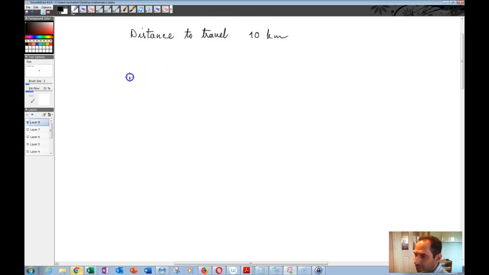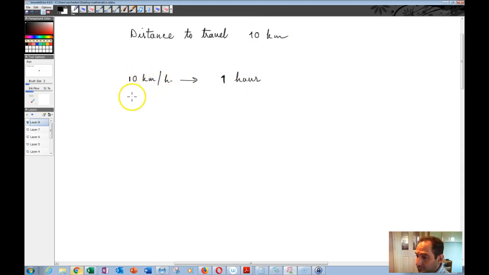Meaning that if you go, for example, 10 kilometers per hour, it's going to take you 1 hour to travel a distance of 10 kilometers.